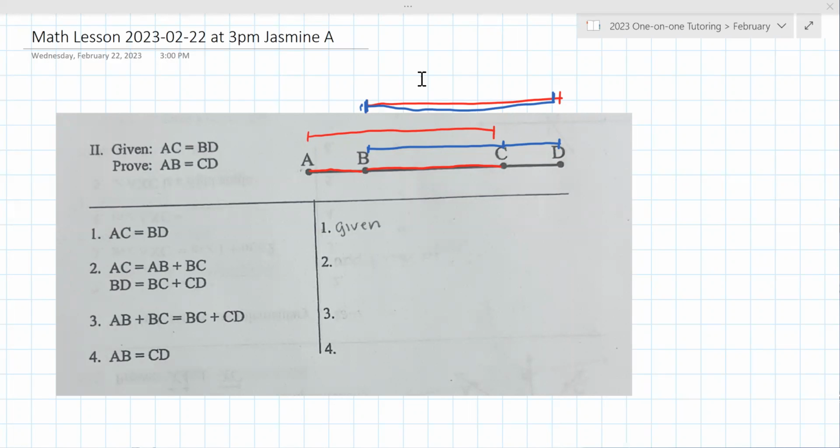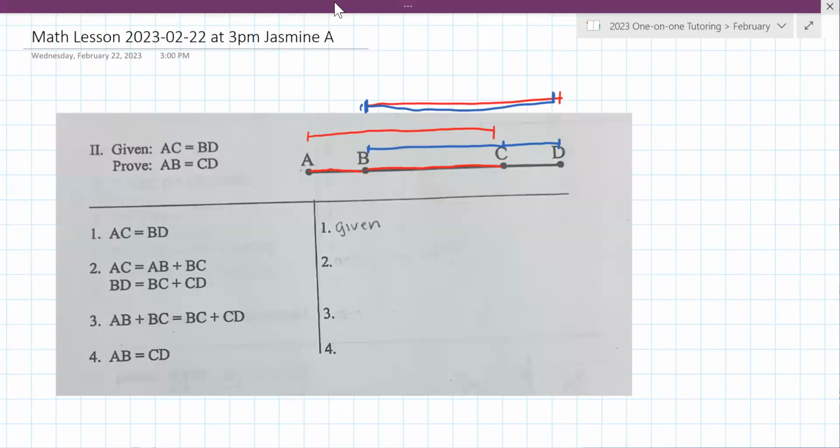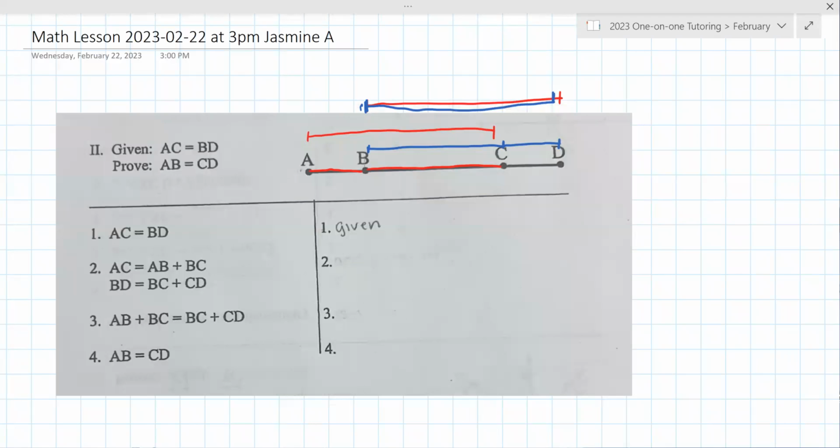Oh no, so that's why I was asking. I wasn't sure if you're still using those, because that is what it is. It is the addition property of equality. Just wanted to make sure you could still use those. Sometimes some class would say it's the sum of two line segments, but we'll go with addition property here.